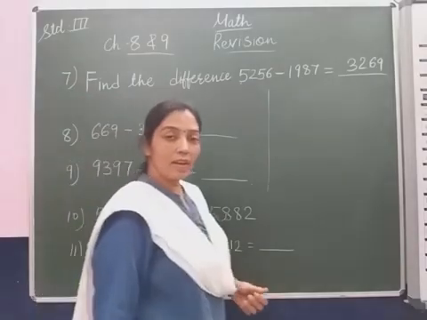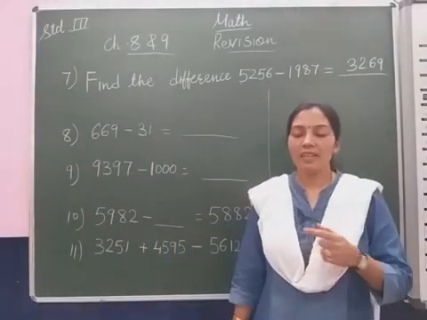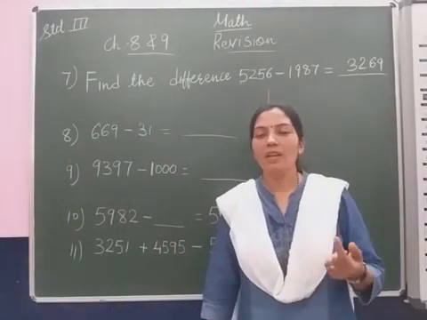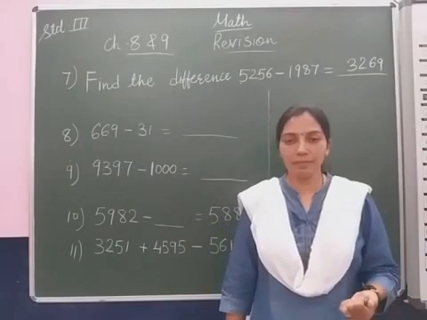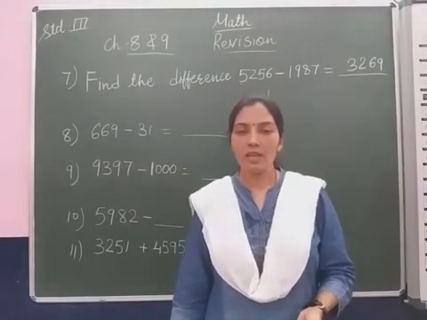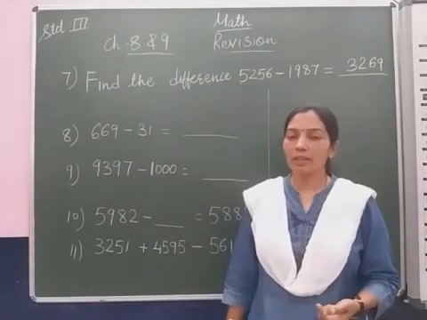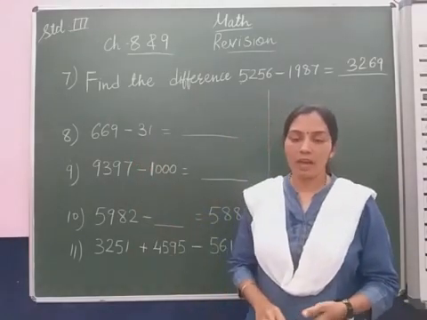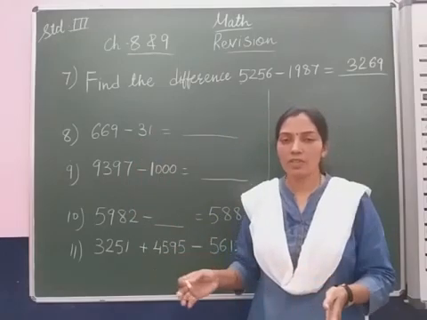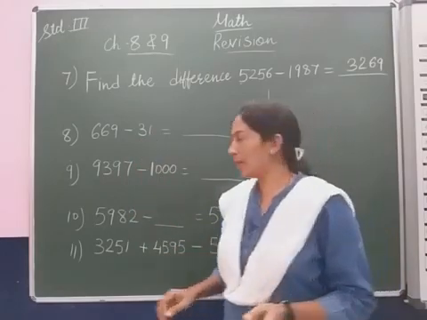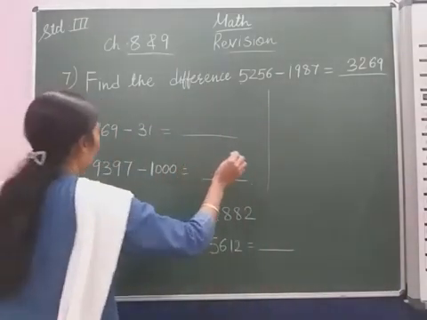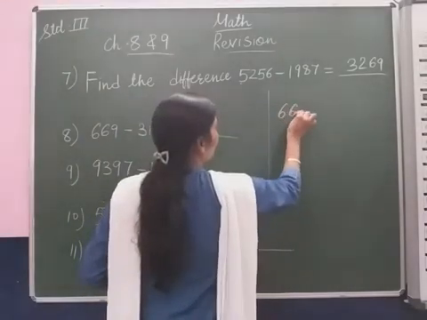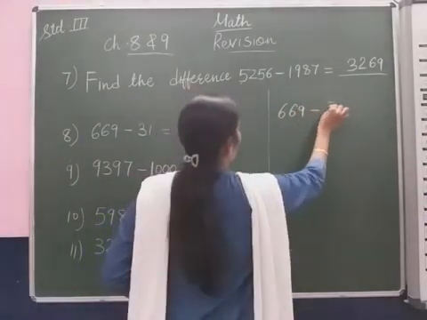Now the next is 669 minus 31. So this is very easy. But this is a question on subtraction by a simple method. The simple method, what is that? We expand the smaller number. You remember this method. 669 minus 31.